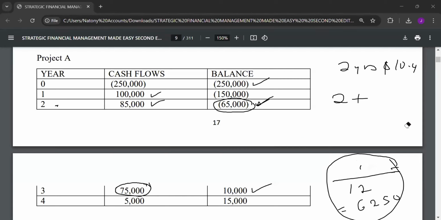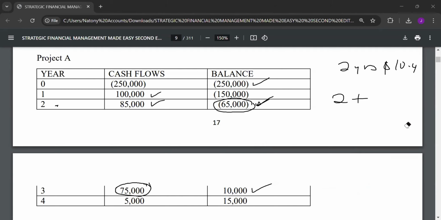So now, this is the way you're going to do it in your exam. At what point did the cash flow become positive? Year 3. So I'll just draw a line in year 2, which is what I've done here. So I have 2 years plus.